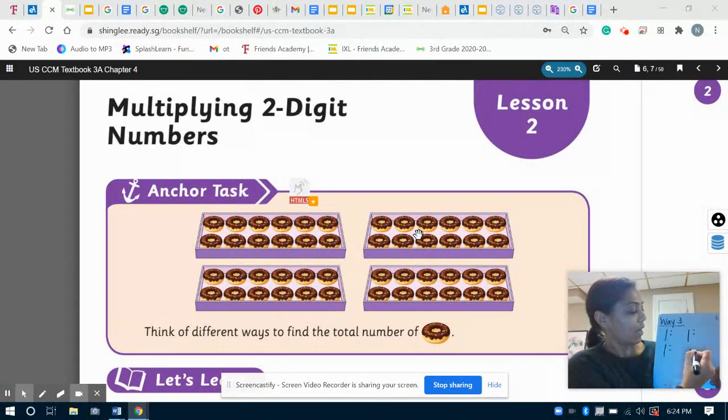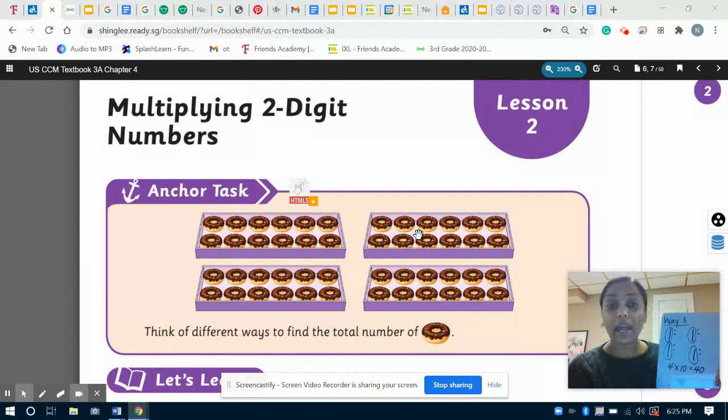If we look at this carefully, I'm going to count all the tens first. I have 1, 2, 3, 4 tens, and I can write an equation for that. It's 4 times 10, which is 40.